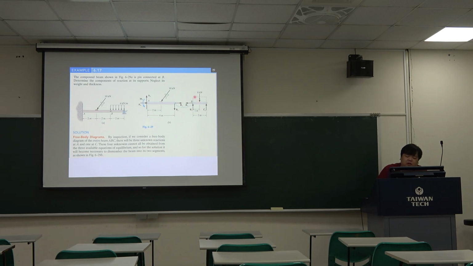So member BC also has the internal force at point B. And we have the uniform force, which we can represent with a resultant force. And we have the roller support here, so we have a reaction.